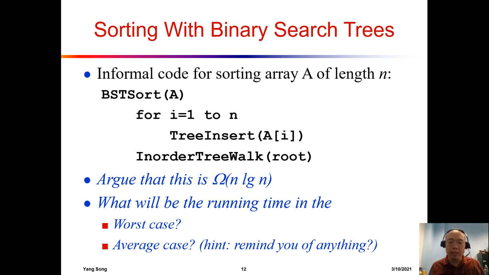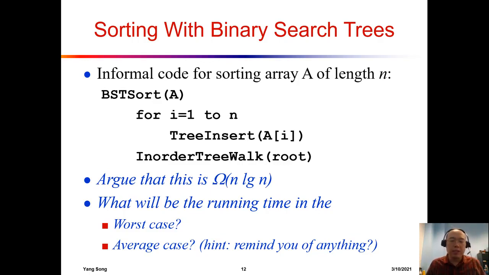So that's comparison. And for the in-order tree walk, that is theta n anyhow, right? Putting this together, we are doing nothing more than comparisons, making use of a data structure to put together all the values into a tree structure using comparisons.